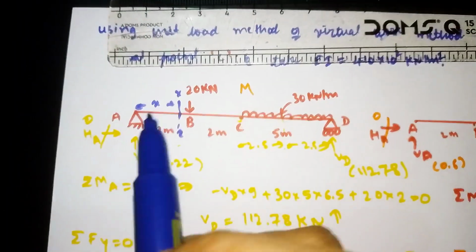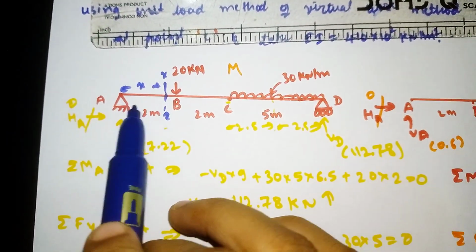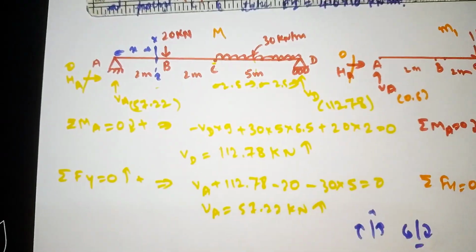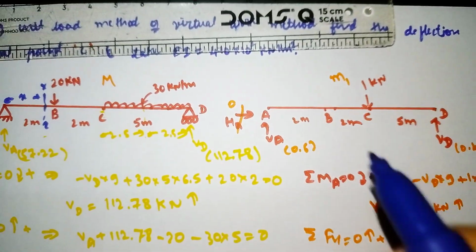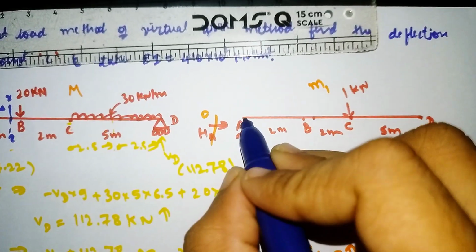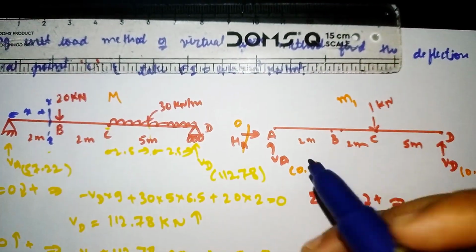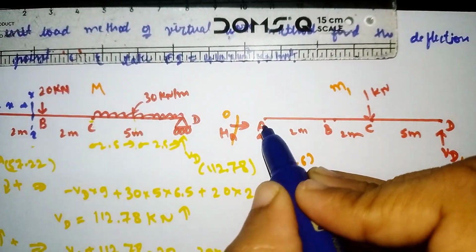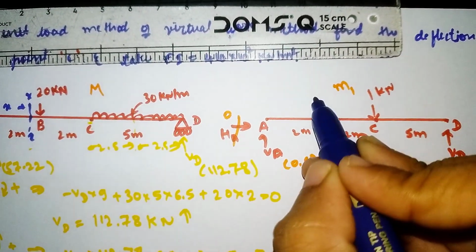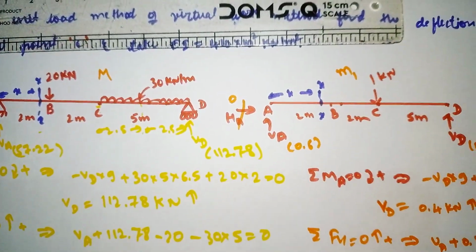Now we need to see whatever load is acting on this member. For small m1, the origin we have taken is A. Now we need to see only from A to B. If you cut the section at a distance of x away from the origin A, here VA is acting upward.